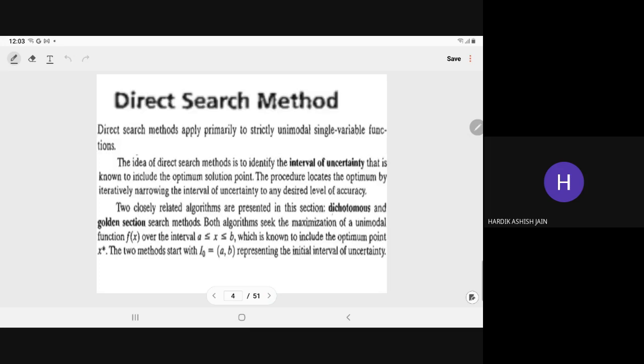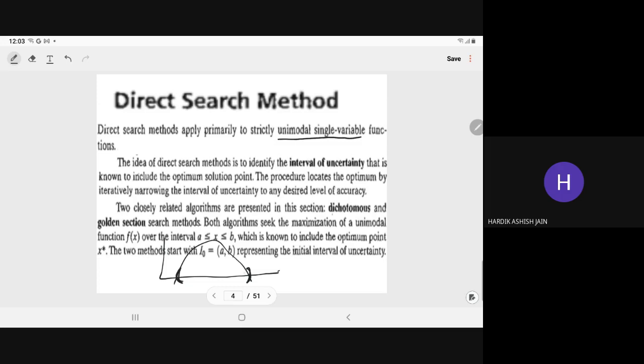First, let us start with the direct search method. The direct search method applies primarily to strictly unimodal single-variable unconstrained problems. For example, this is the function and this is the axis. First we take the initial interval of uncertainty.